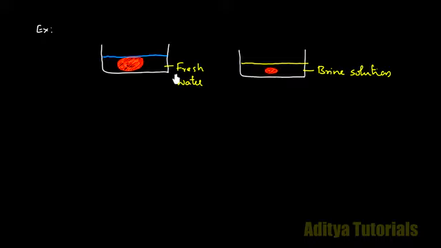In the fresh water, you can see that it is a low concentration of non-volatile solute. What is the meaning of low concentration of non-volatile solute? See, in this blood cell there are protein molecules, and protein molecules are non-volatile.